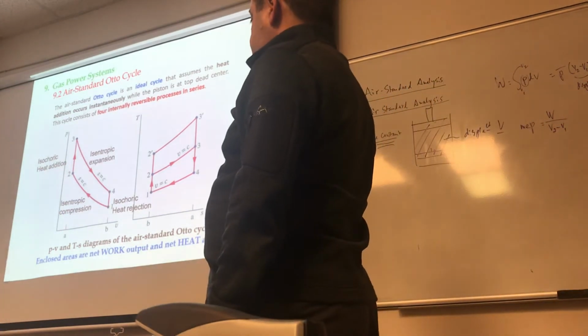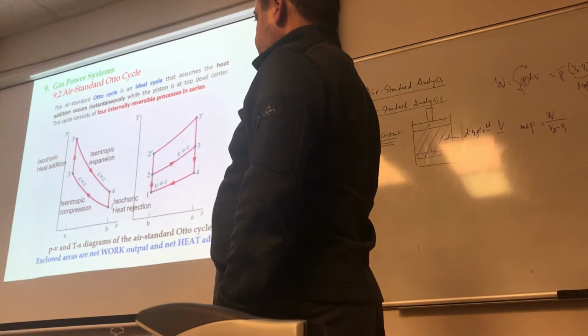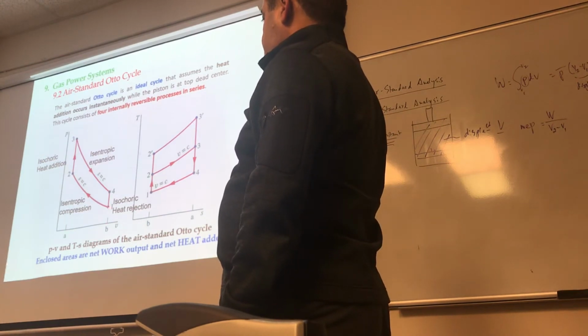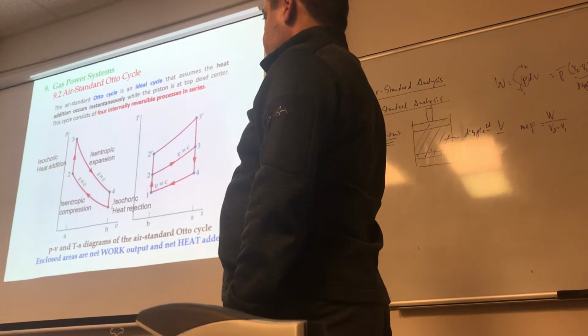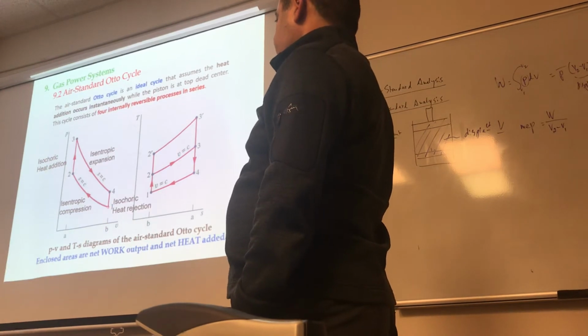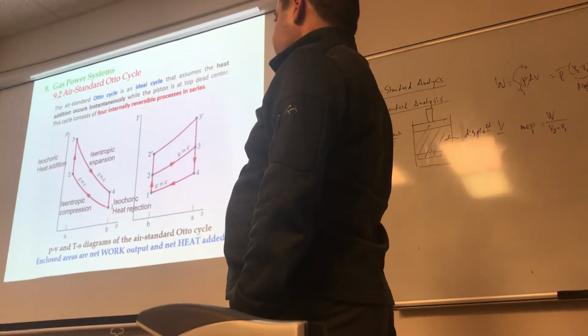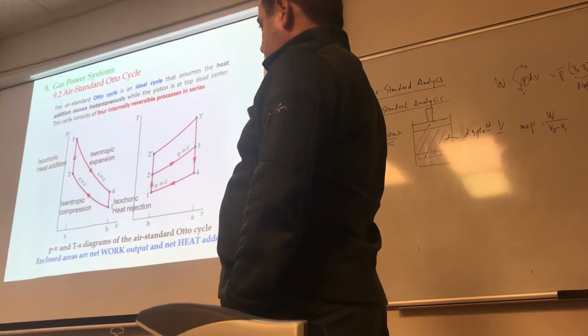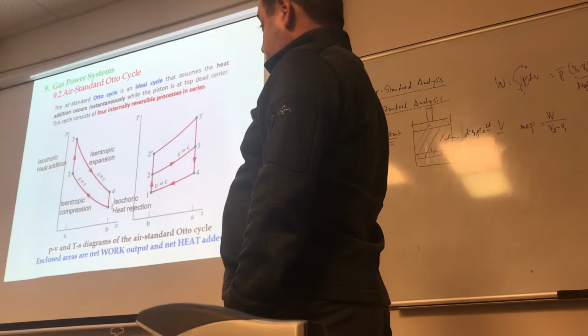Okay, let's take a look at this. Remember what this represents. Top dead center, bottom dead center, right? So between the bottom dead center and the top dead center, what is actually happening here? Yes, it's compression, it's isentropic compression, right? Why? Because everything is reversible, right?